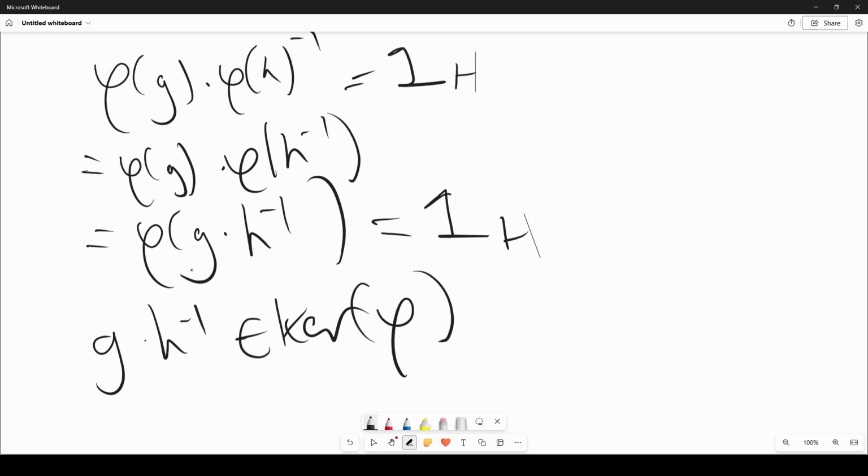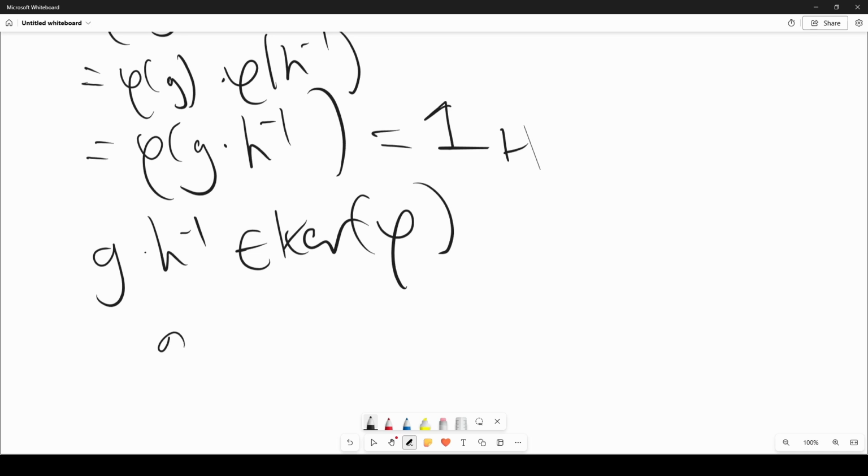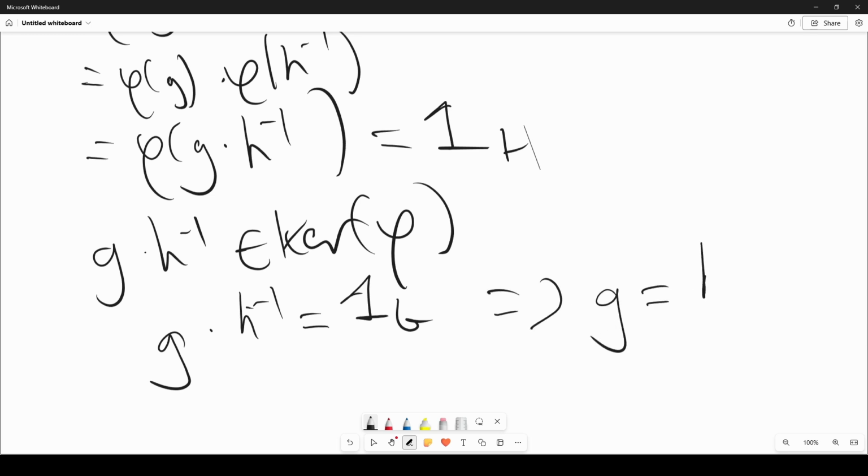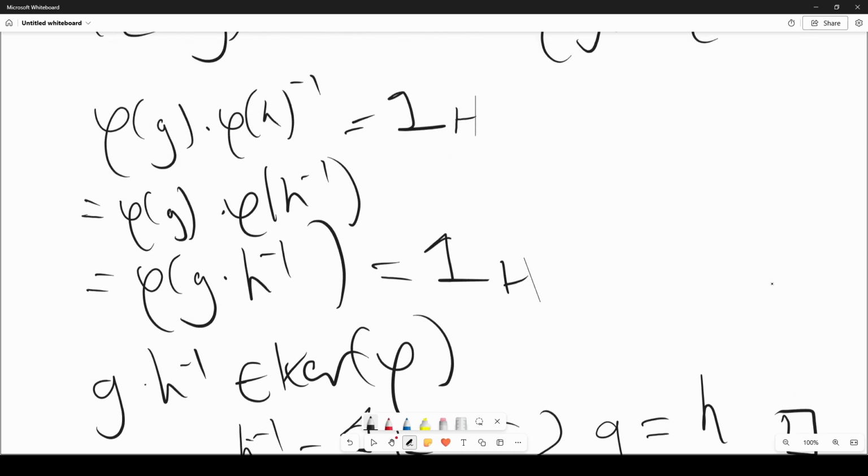Since if you map it, phi of G times H inverse is 1H. But what that means is we know the kernel of phi is only 1G. Finally, that implies if we multiply both sides by H, we get G equals H, exactly as we wanted. Thus, phi was injective all along.